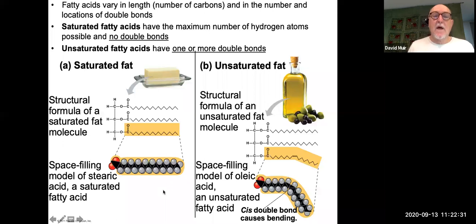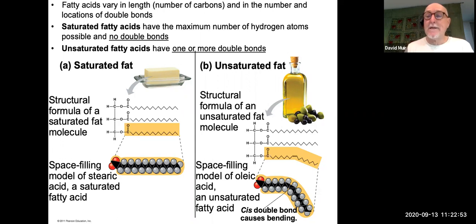Saturated fats have a characteristic that they tend to be solid at room temperature. And in addition, saturated fats are associated more strongly with adverse health outcomes. If you have a high intake of saturated fat, it is not a good thing.